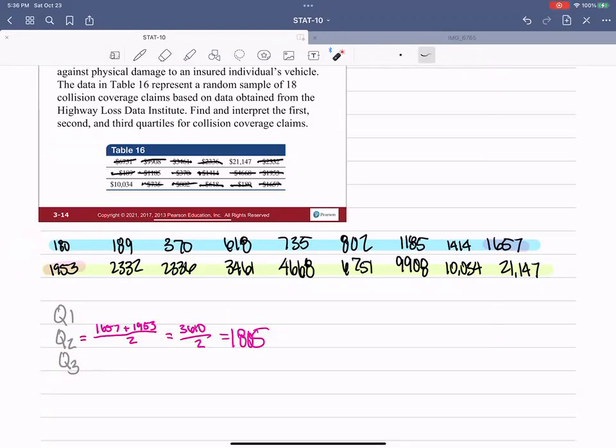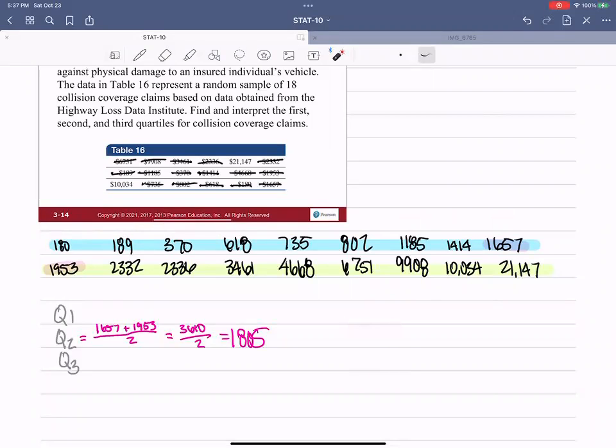So now looking at this, we have 1, 2, 3, 4, 5, 6, 7, 8, and 9. So we have 9 data values in this half. Because it's an odd number, we're going to find the middle number. The way we find the middle number is n plus 1 divided by 2.